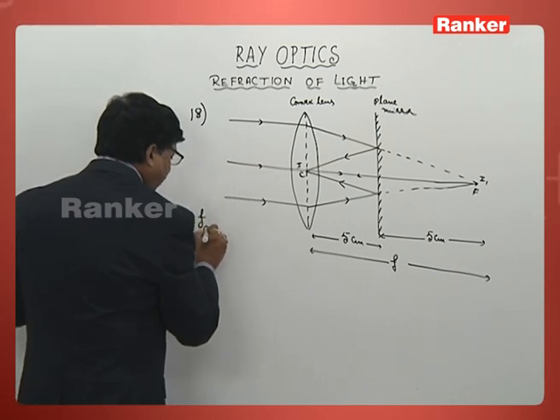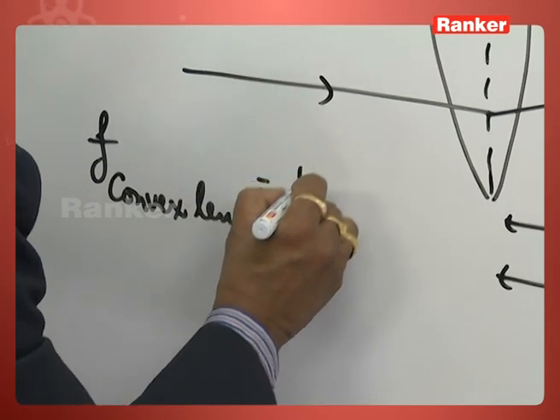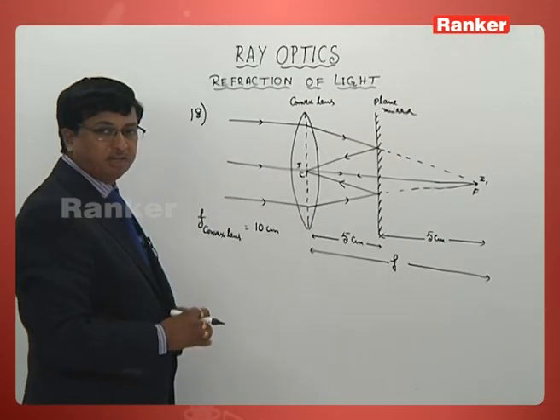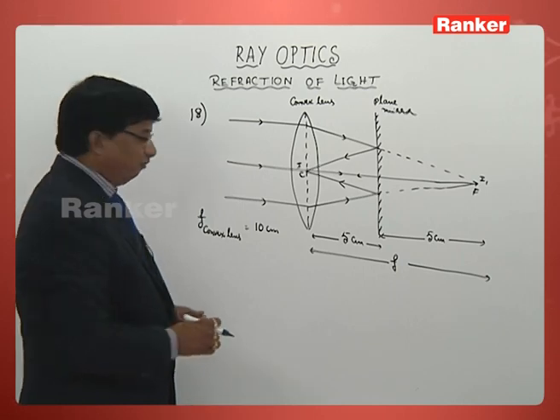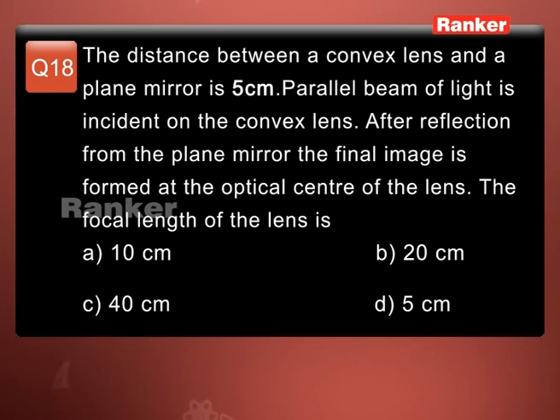Focal length of the convex lens now must be 5 plus 5, it should now be 10 centimeter. When it is 10 centimeter, according to the given options, if you look at the very first option, that is given as 10 centimeter. So first option itself is the correct option for this problem number 18.